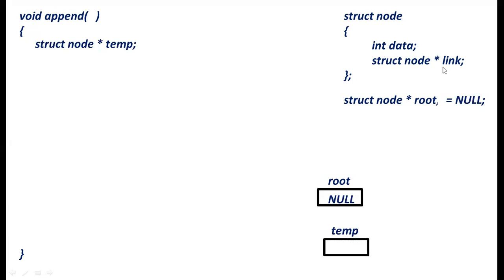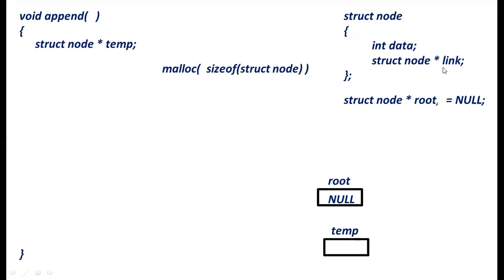Now we need to allocate the memory dynamically. How can we allocate the memory dynamically? We have seen that we can allocate memory dynamically by using the malloc function, where we have to pass the size of node as an argument, so we need to pass the size of a struct.